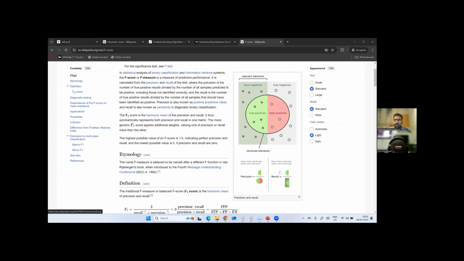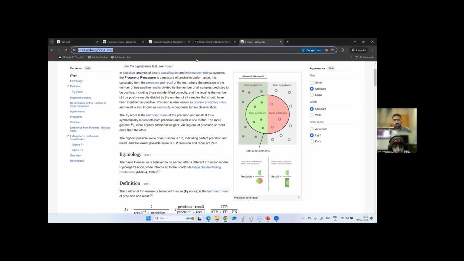If you have a look at this, then you can quite clearly see what each of precision and recall means. Precision is basically how many retrieved items were relevant, and recall is how many relevant items were retrieved, and it also tells you the difference between true positives, false negatives, and true negatives.